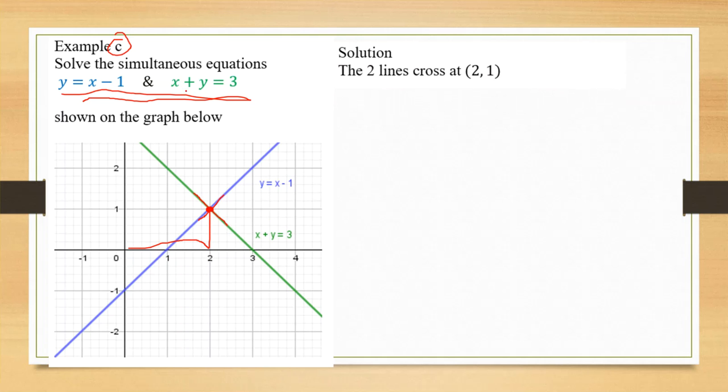So this means that if x equals 2, so 2 plus 1, because y equals 1, 2 plus 1 equals 3, and 2 minus 1 equals 3. So we're looking for the pair of numbers for x and y that solve both equations, or satisfy both equations, we like to say.